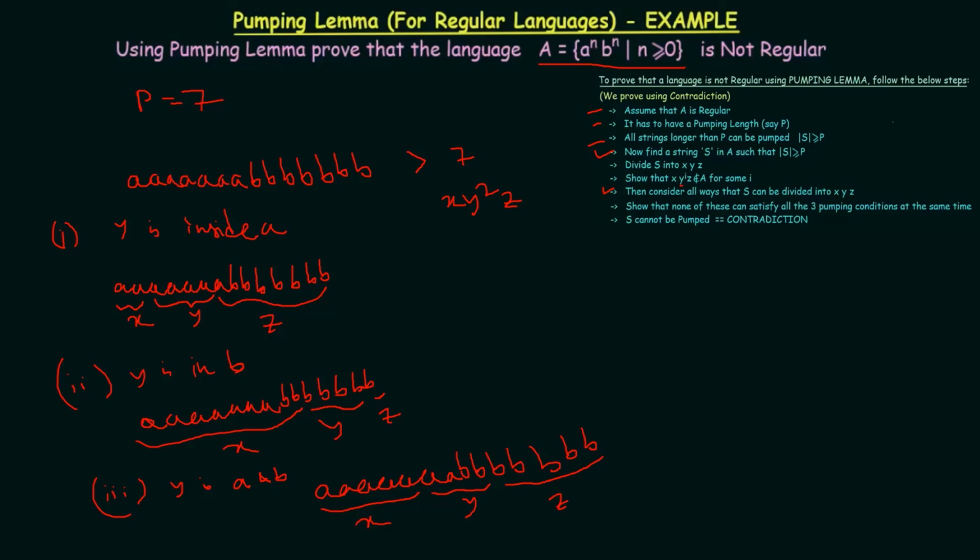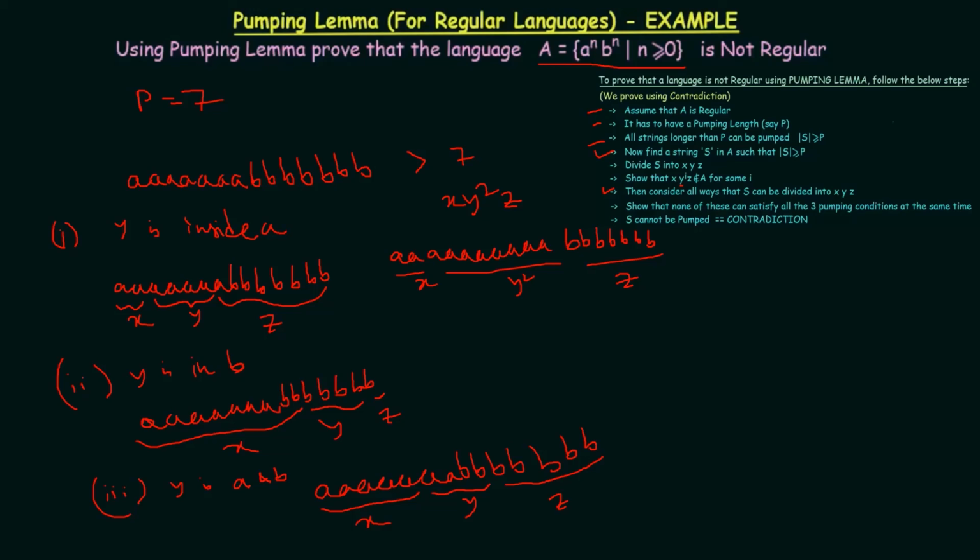If XY square Z is there, the value of Y will be doubled. So here it will be double a, and then 8 more a's, and then 7 b's. So this is XY squareZ. So does this belong to A?